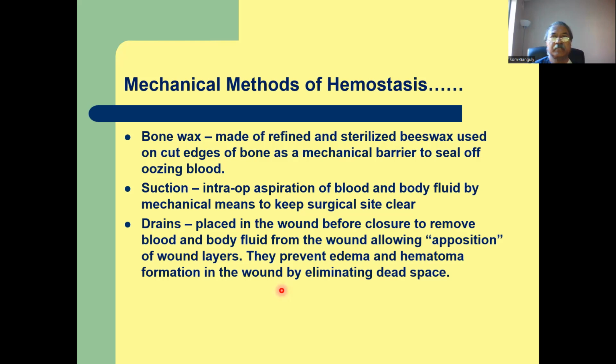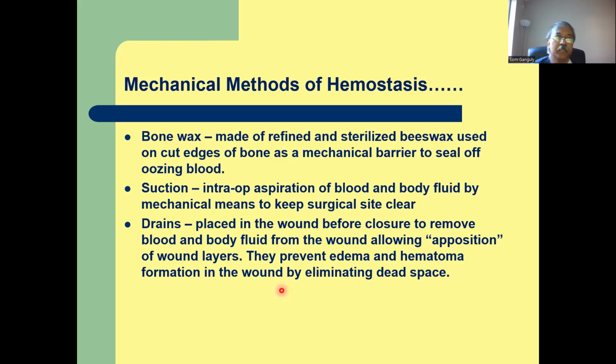Usually this happens if there is a dead space, like a space in between the closure, and that area tends to bleed, and this is where they need to put a drain. For example, a patient has cancer of the breast and has a radical mastectomy, which is breast tissue resection, removal.